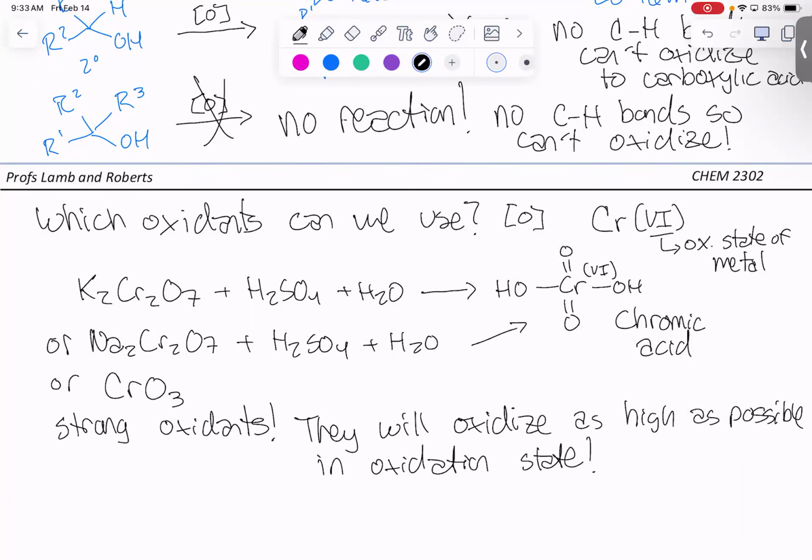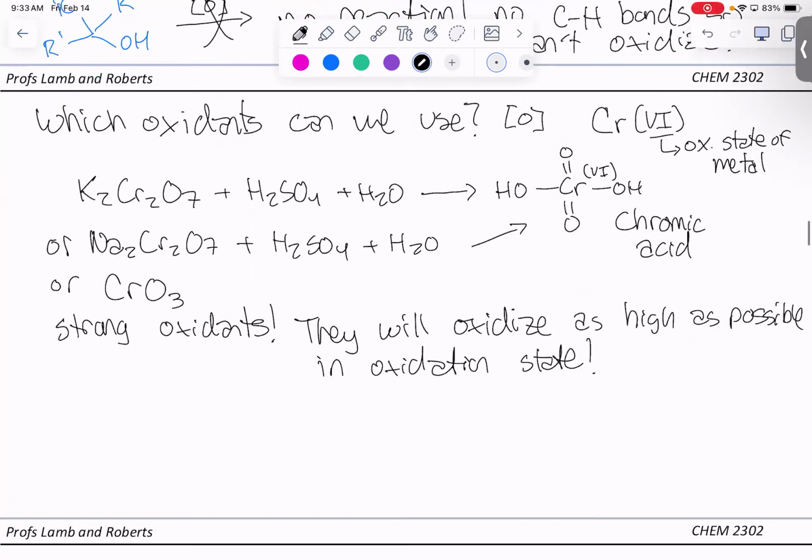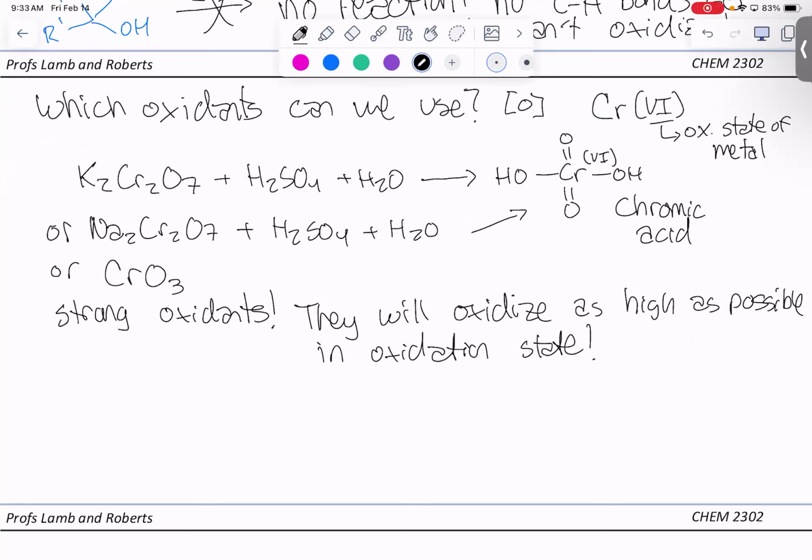So if you want to get an aldehyde out, you can't. It's just going to go forward. It's a non-selective reagent. So what does that mean?